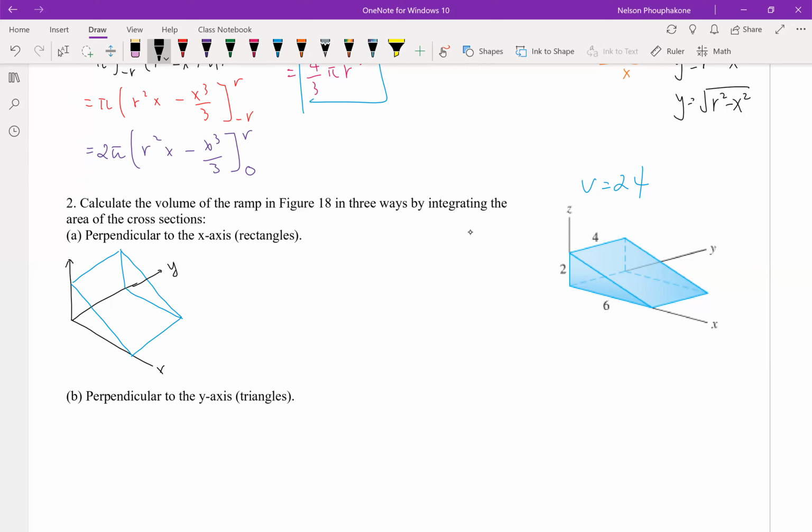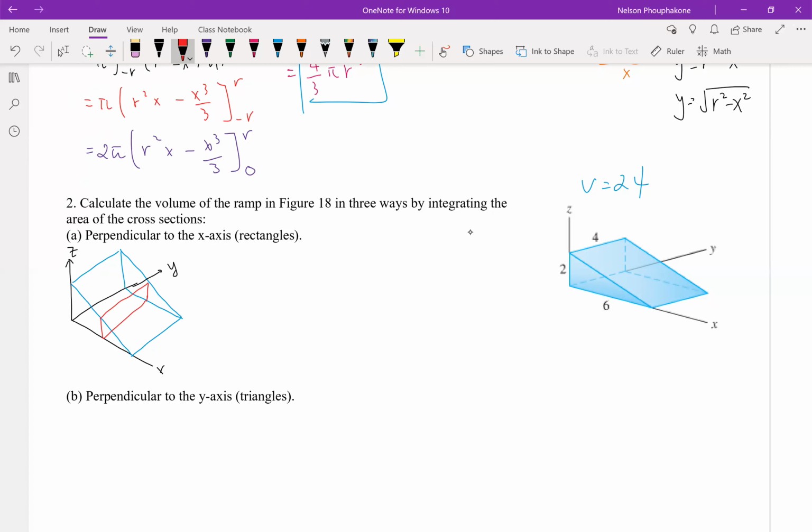Now if we want to cut this perpendicular to the x-axis, then we would like to have the area of the cross sections, which is basically something like this, isn't it?